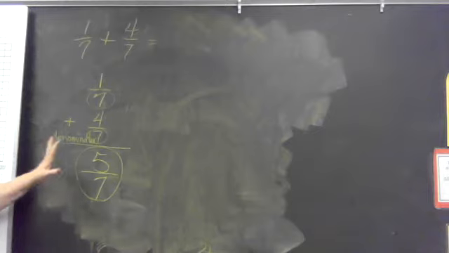Easy enough? I used to think you added the denominator as well. No, no. The only time we're going to do anything with the denominator later is in multiply and divide. This one, all we want to focus on is that we have to have the same numbers on the bottom.